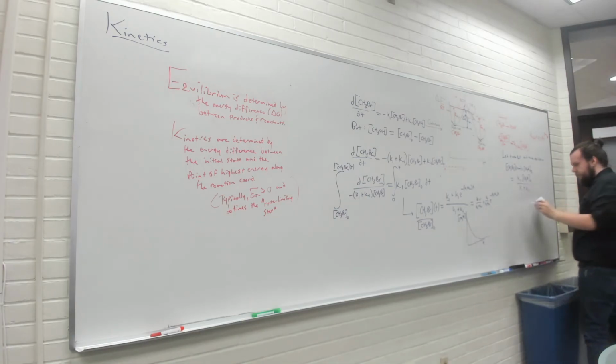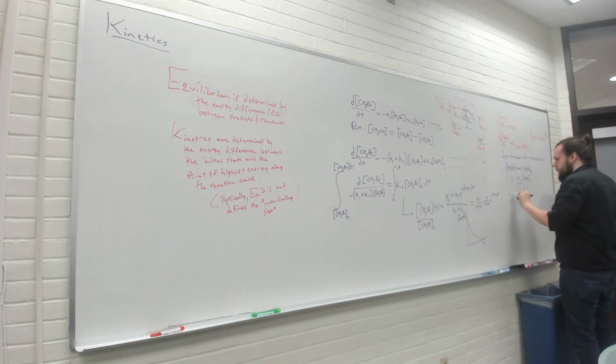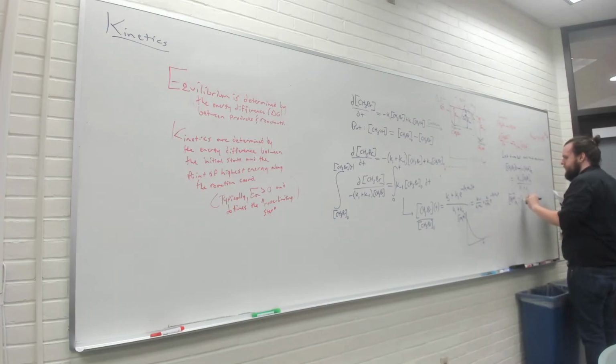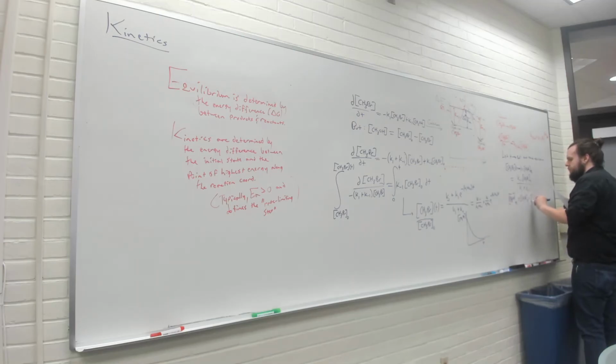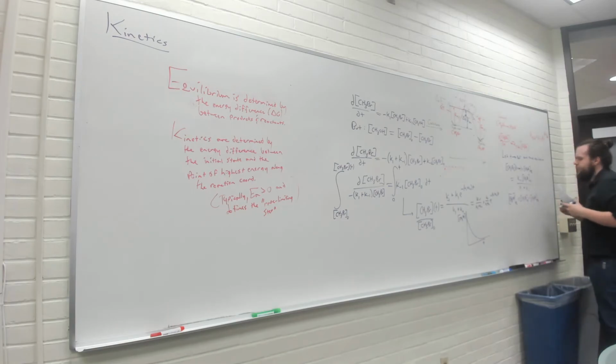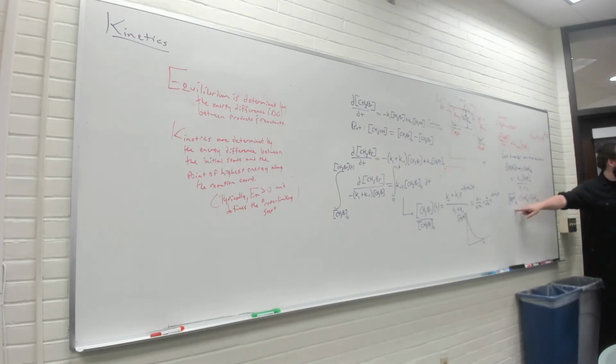And then we know that the concentration of methanol at equilibrium is going to be the initial concentration of methyl bromide minus the equilibrium concentration of methyl bromide. Right, we've reacted some methyl bromide, it's become methanol, right? So that's the natural way to assign these.